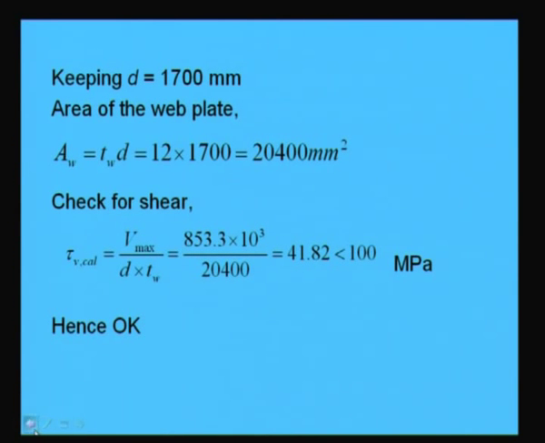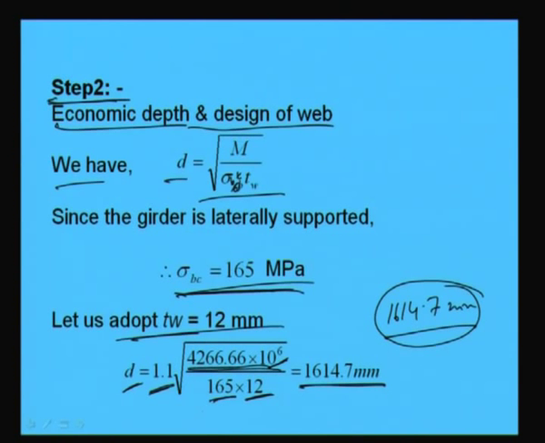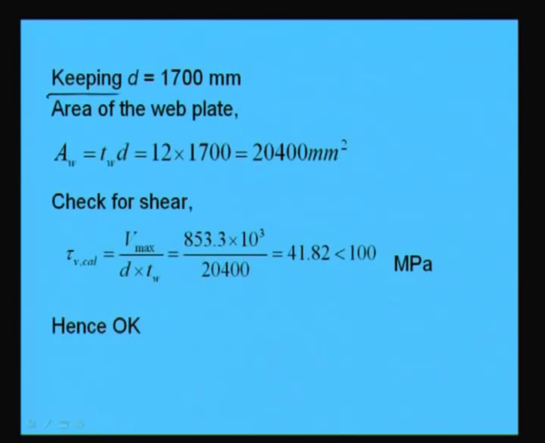Now, we got 1614, say let us use 1700 millimeter. We are using a higher size, right. Then area of the web plate will become Aw as Tw into d. Thickness of web was considered as 12 and depth we are providing 1700 mm.